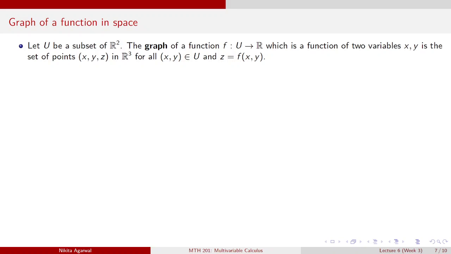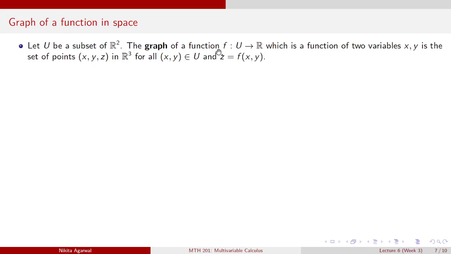Okay, so let us now define what the graph of a function in space is. So let U be a subset of R2. The graph of a function f from U to R, which is a function of two variables. So now we are moving on to functions of two variables, is the set of points in R3, (x, y, z), where (x, y) is in the domain of the function, which is U, and z is equal to f of (x, y).